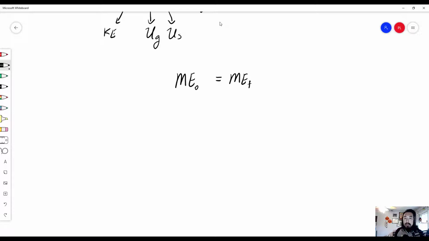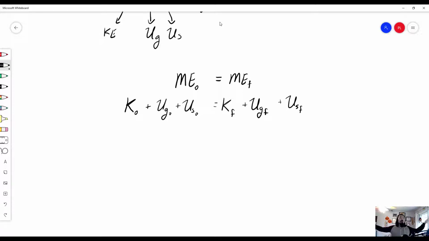So what we can write here is that the kinetic energy initial plus the gravitational potential energy initial plus the spring potential energy initial is equal to kinetic energy final plus gravitational potential energy final plus the spring potential energy final. Here we have the equation fully fleshed out.